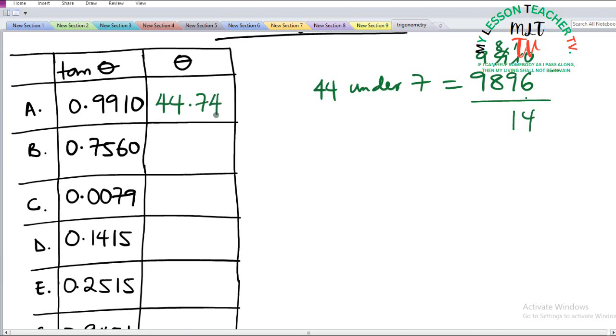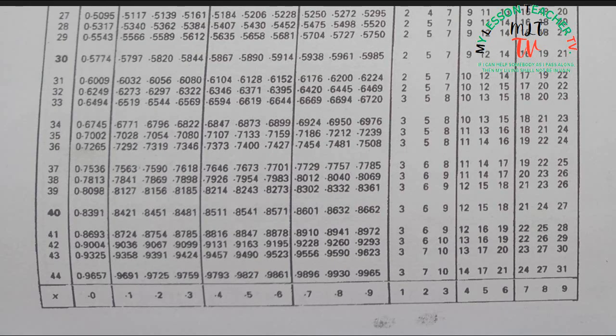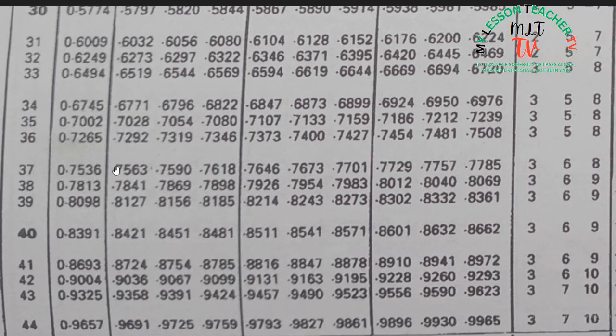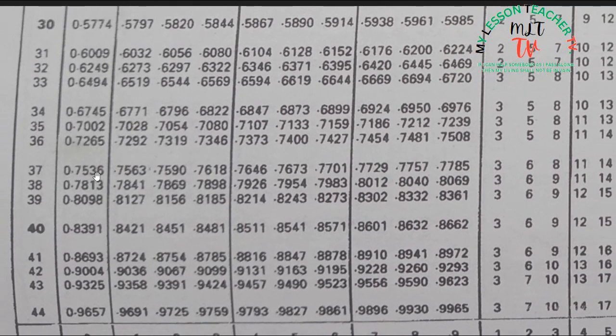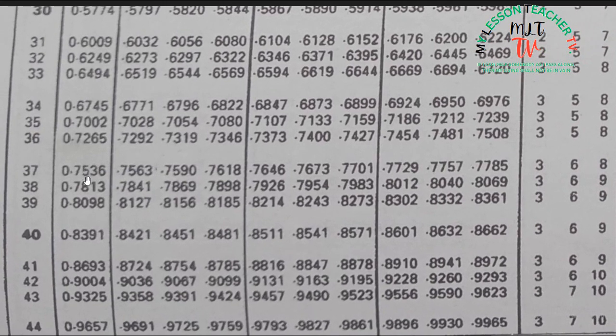B, we are looking for the angle whose tangent is 0.7560. This is 0.7536, and this is 0.7563, which is more than 0.7560. So we go with 0.7536, looking for a difference of 24.